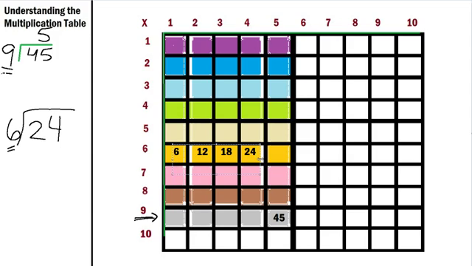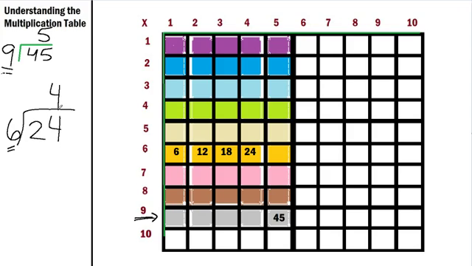So I can say 24 divided by 6 equals 4, because I followed that 24 up to the top to get to this 4.